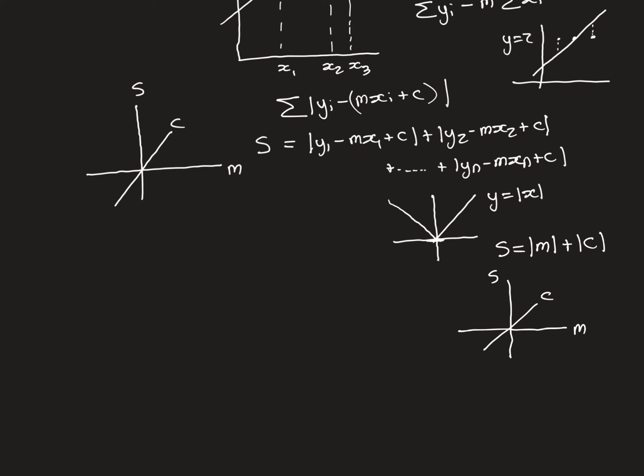In both of the planes, if you consider when c is equal to 0, it's just going to be mod of m, so it's going to look like this. And then if you consider when m is equal to 0, again it's going to look exactly the same. So something like that. The picture's getting quite confusing, but it's the surface that sort of looks like that.